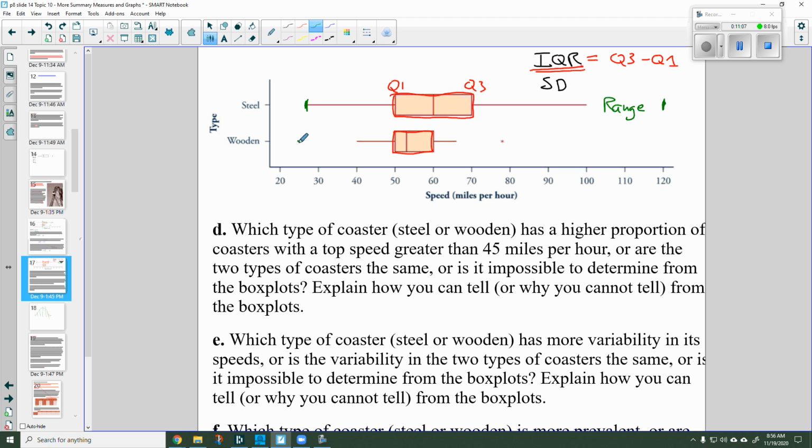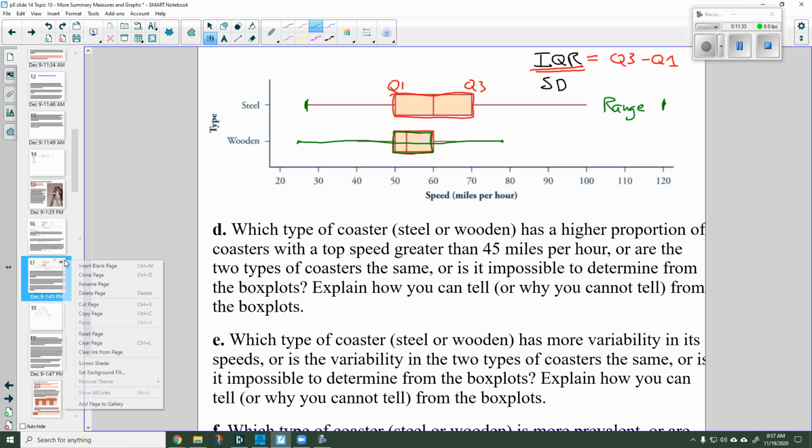On the wooden one, I have an outlier over here and an outlier over here. The range covers that whole distance right there. What we like to use for variability when we're doing box plots is the IQR. That's the middle 50% of the data, and that is represented by the box. So if I'm looking for variability, I really want to look at the IQR.